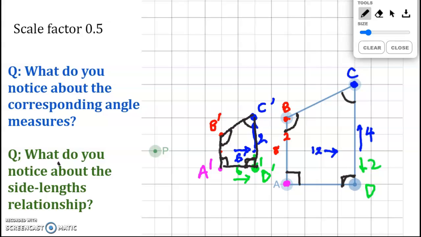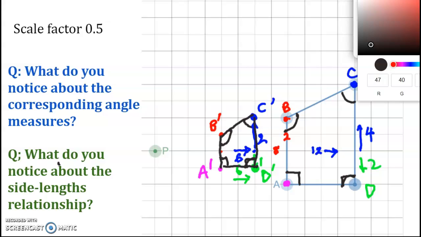Okay, now what do you notice about side length relationship? So if I was to compare this side and this side, what do you think about the orientation? Do you think if these two lines extended forever, they would ever meet?